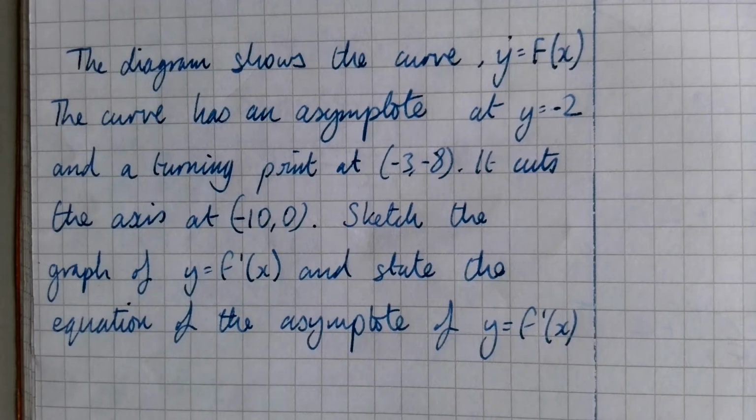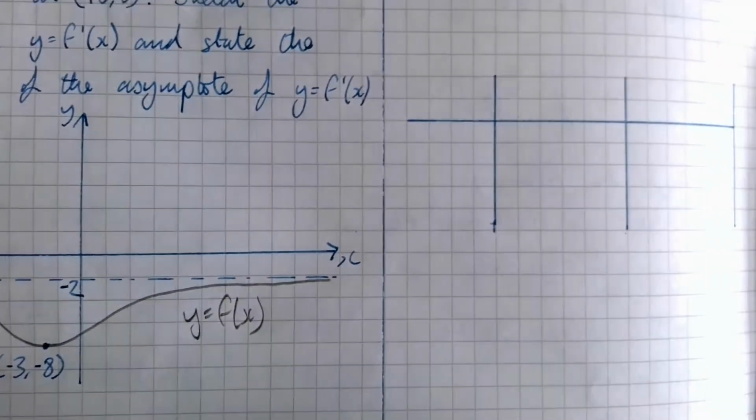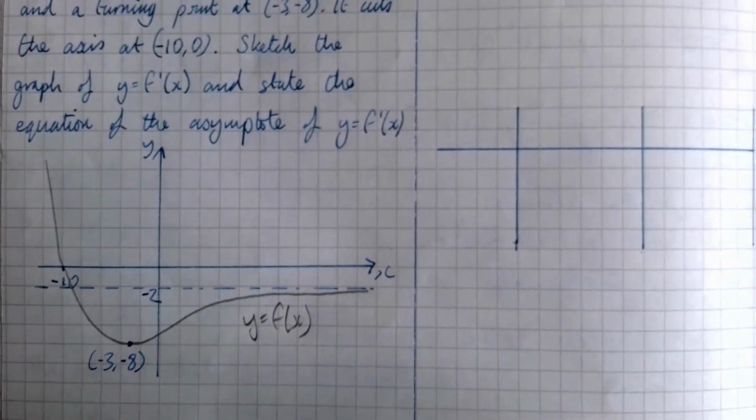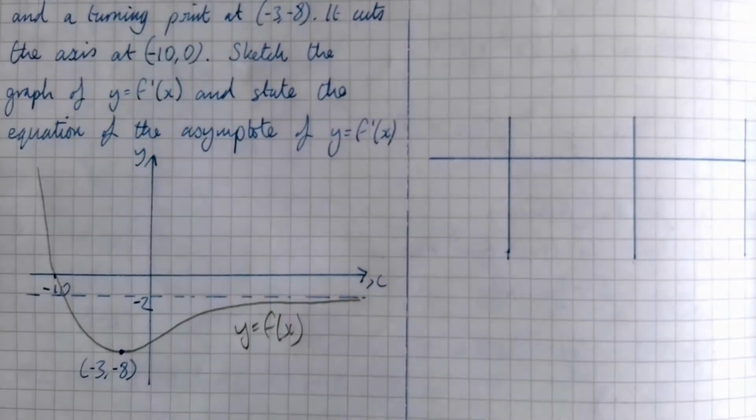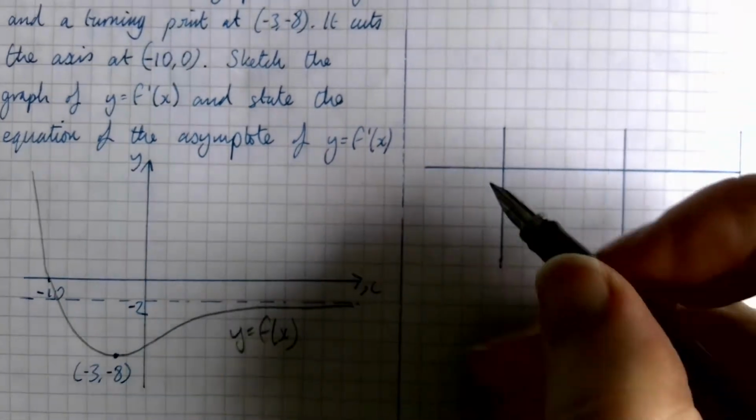Here's our next question. You may want to pause the video, copy this one down, and then I'll show you the sketch of what this looks like. So here's our curve, and then we're going to make another little table like we did last time and have a little look at what that does. So we haven't got so many zones to worry about this time.